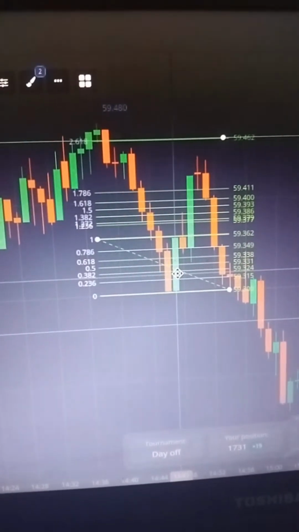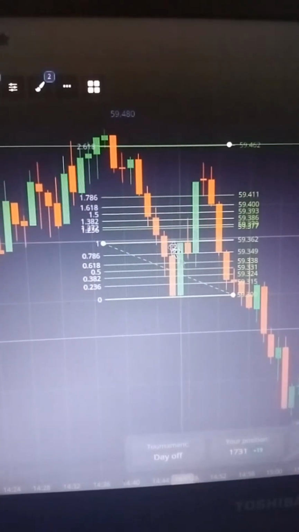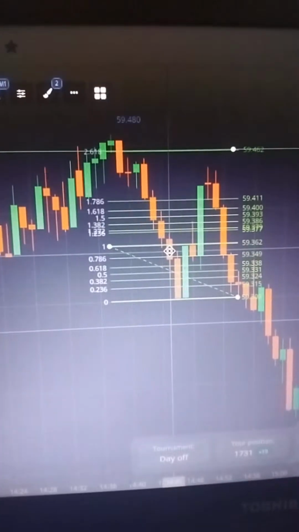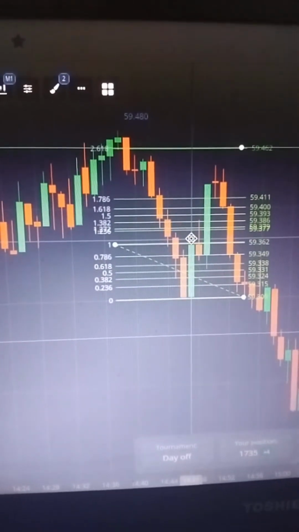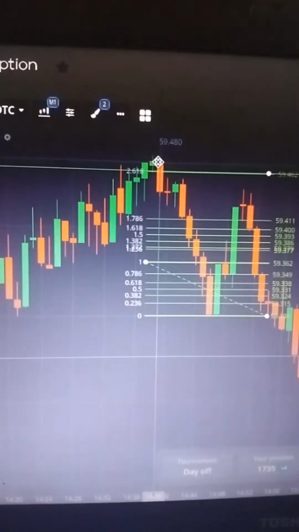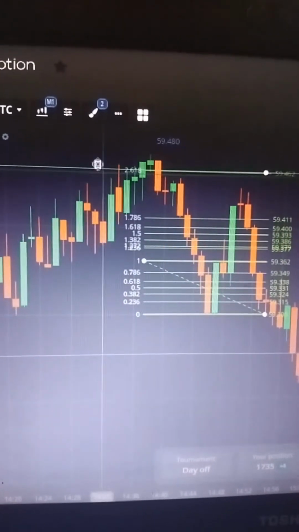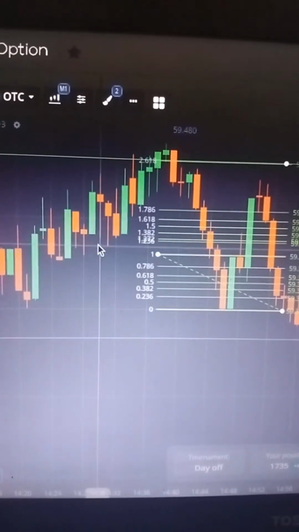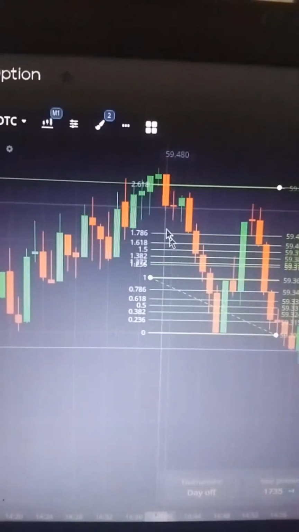So it is better to see where we are in close proximity with the black box. Where are we? We are in a dealing range. This high broke this swing high, this low broke this swing low, right? So this makes this a dealing range.